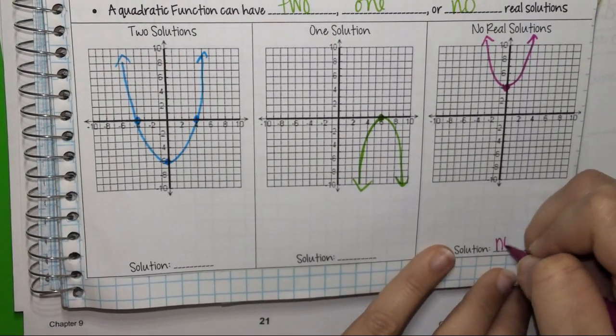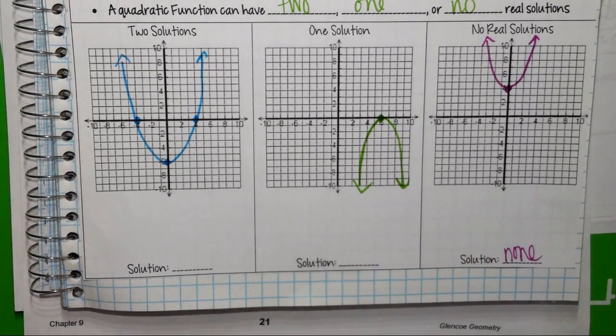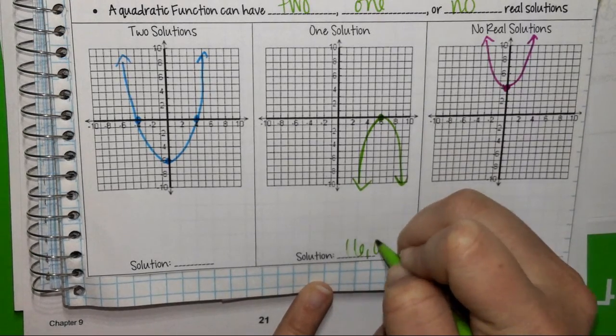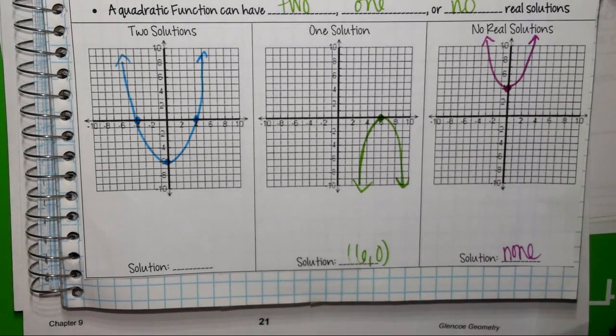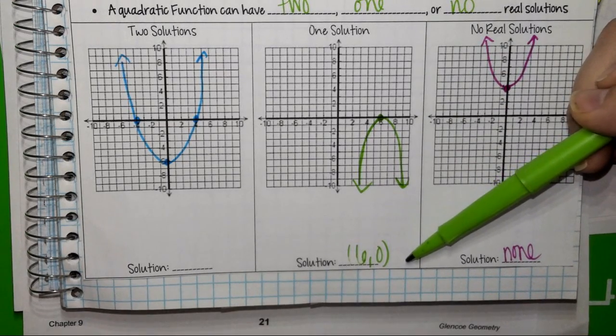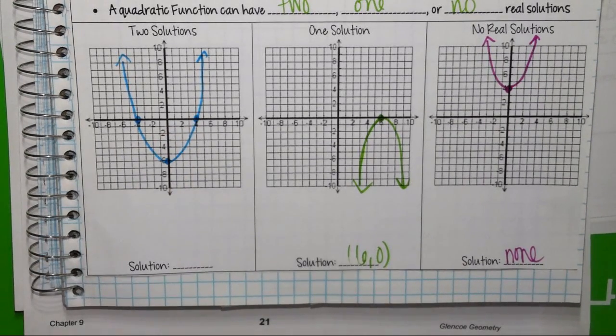Now your solutions are coordinates, but if you have no solutions, you just write none. If you have 1, you write it as a coordinate, so this would be 6, 0. And at the top we wrote that we want where y equals 0. Well, y equals 0 here, so we know that's the solution. How many solutions do we have for the blue one?